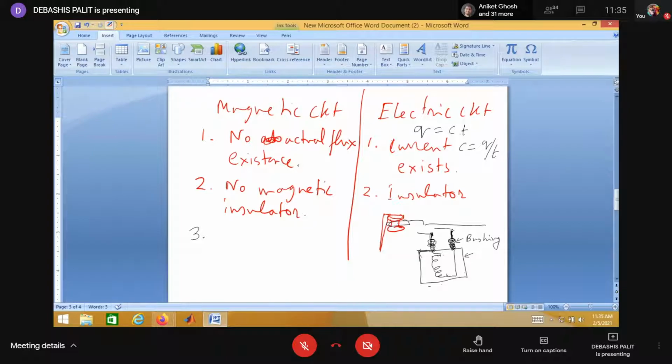Yes, sir. Actually, whenever there is a magnetic field, if you take some magnetic material there may be some force of attraction. If there is a magnetic field, flux is flowing here, and magnetizing material is there.